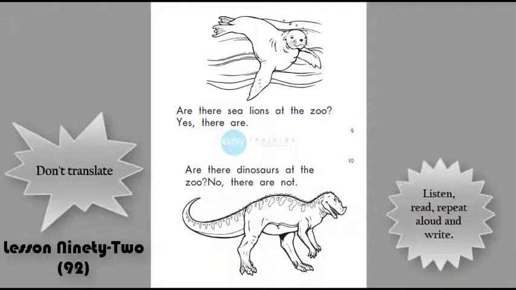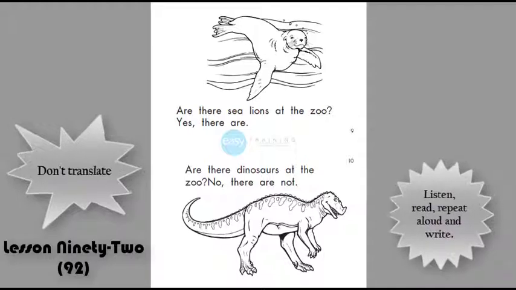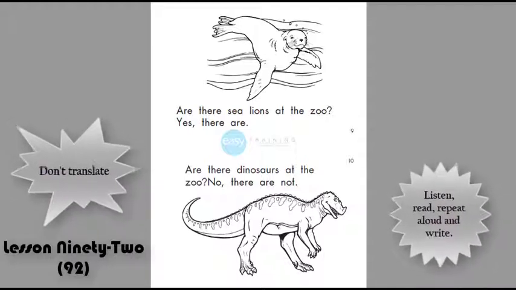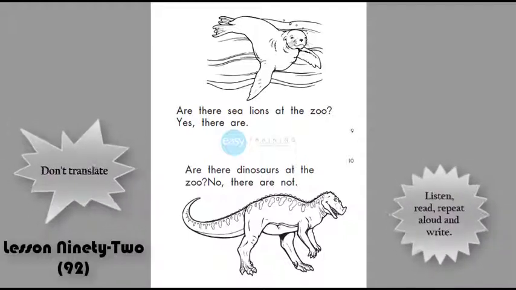Are there 6 windows in your house? Question 4. Are there many streets in your city? And question 5. Are there 2 hospitals in your city? Easy or difficult? Now let's move on to the activities.